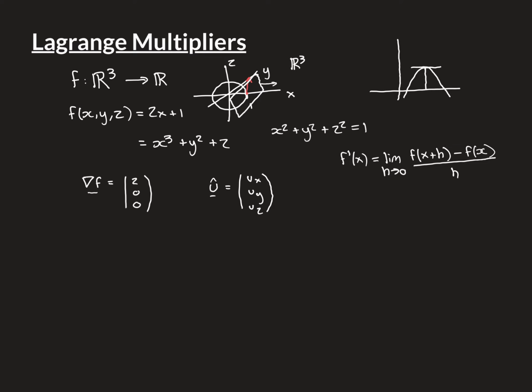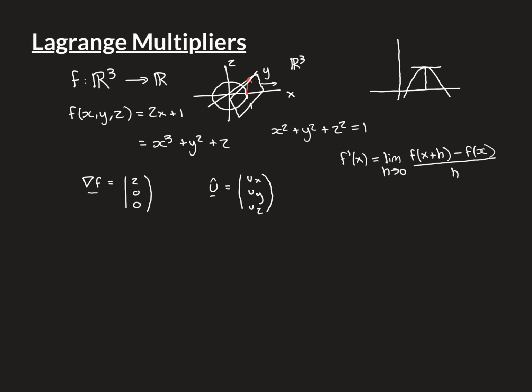Remember, the gradient vector is a constant vector that points in the x direction with magnitude 2 everywhere. Can you see any other points on this sphere where the tangent plane is orthogonal to that? No, it's only where the tangent plane is parallel to the yz plane, and the only 2 points with that are 1, 0, 0 and minus 1, 0, 0.